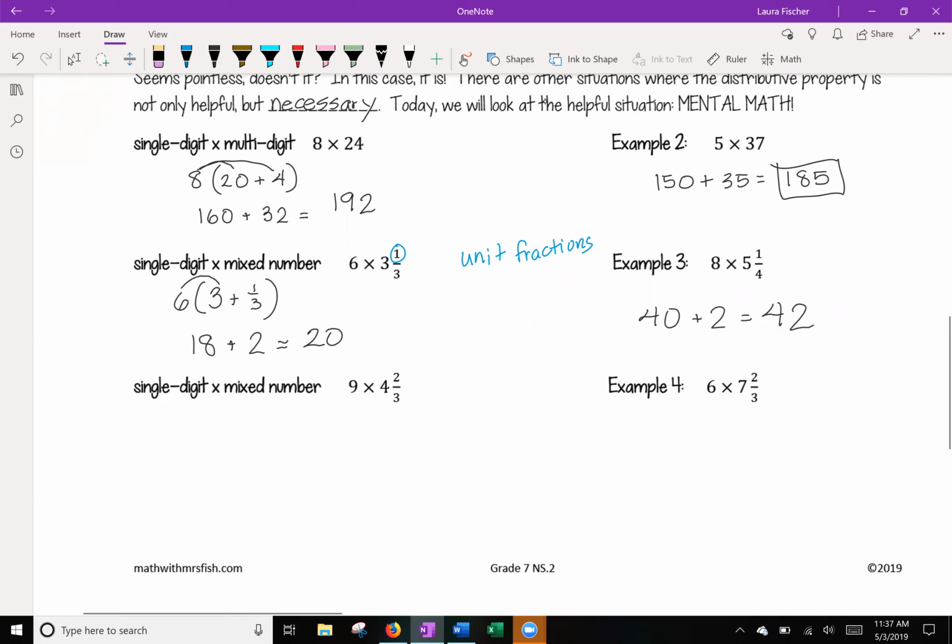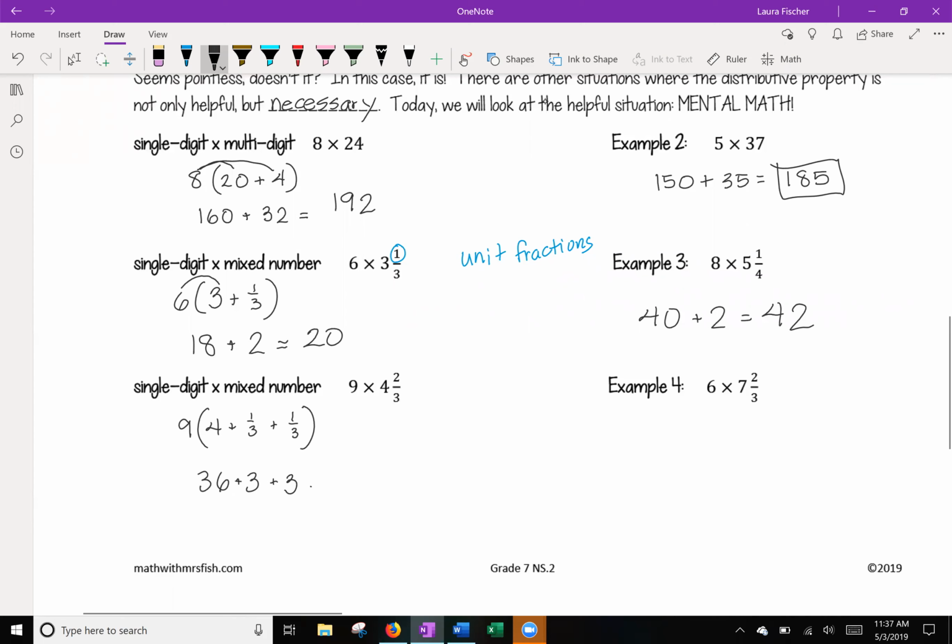The last two ones here are single digit times a mixed number, but again, it's not a unit fraction this time. So what does it look like? Well, it looks like this. 9 times 4 plus 1/3 plus 1/3. 9 times 4 is 36. 3 into 9, 1/3 of 9 is 3.